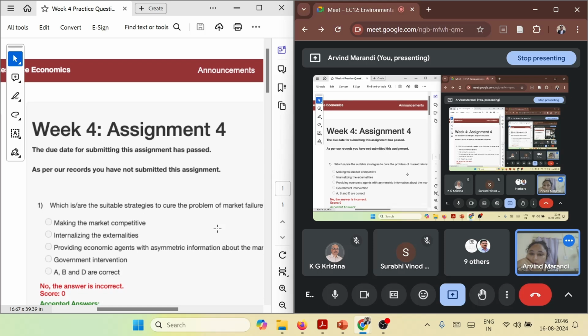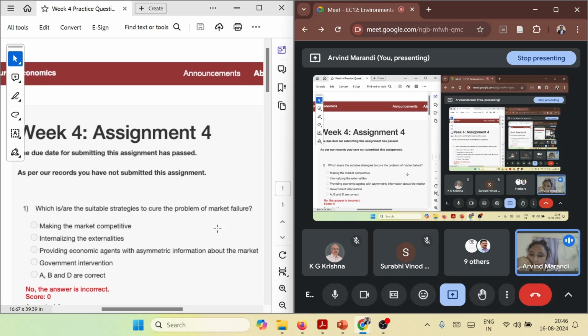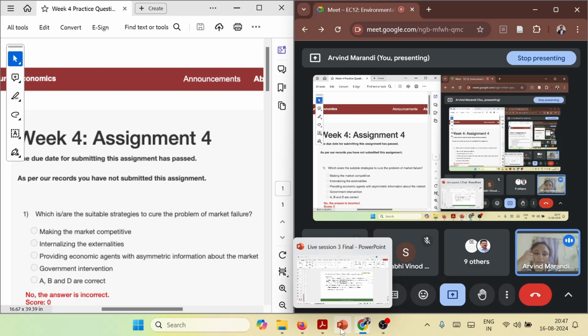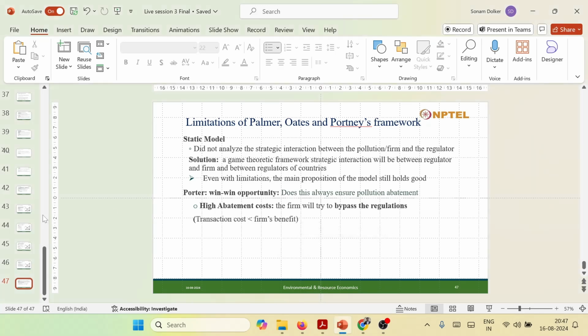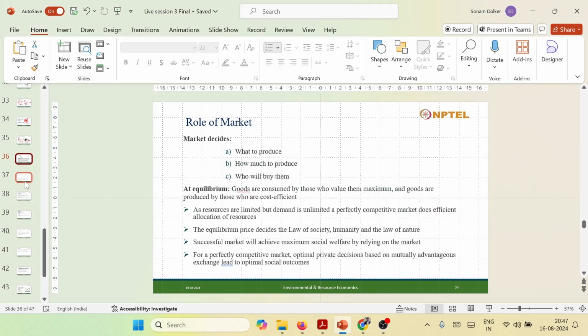Okay, now do you know what market failure is and what the mechanisms are to cure it? Market failure is when the market fails to achieve its objective, that is to find the optimal.